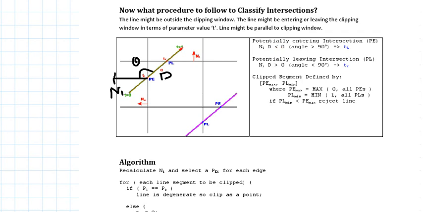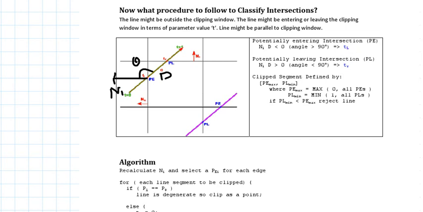So when the line is actually entering into the clipping window, you can conclude that the dot product between the outward normal vector with respect to the edge through which the line is entering into the clipping window with the line itself will be less than 0, and the intersection point which you will find with respect to that edge is going to be your TL.